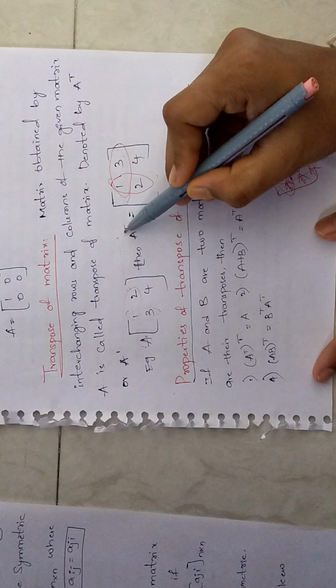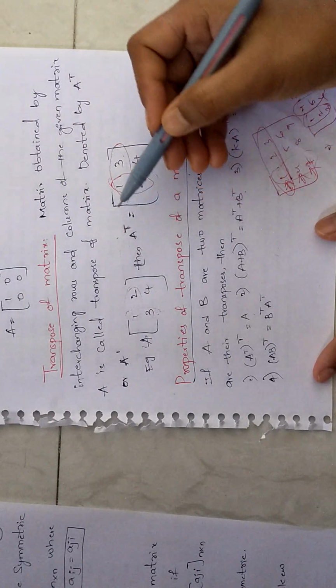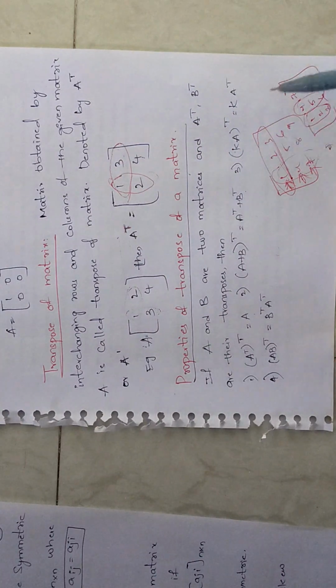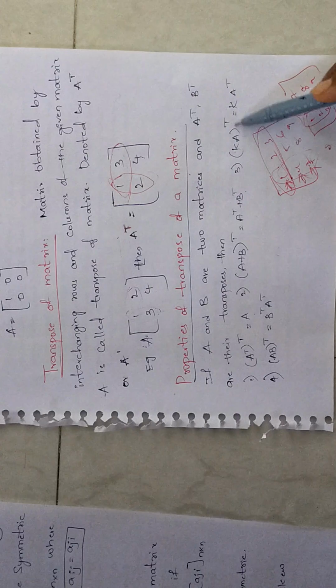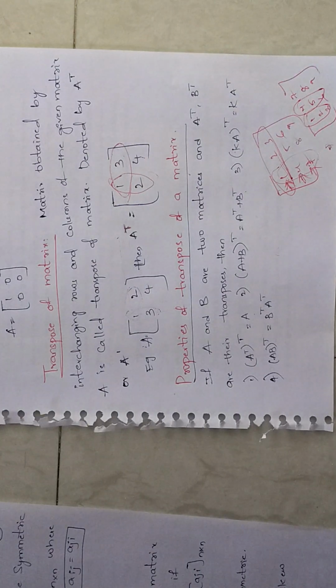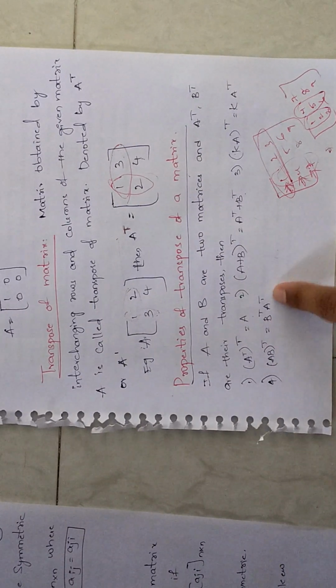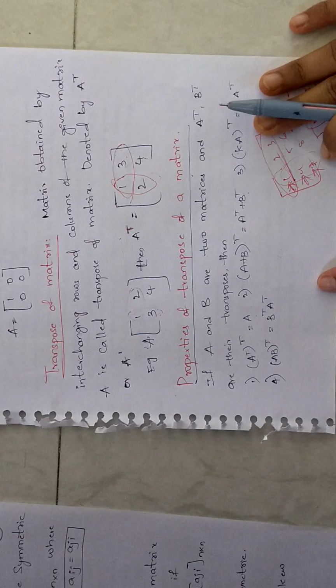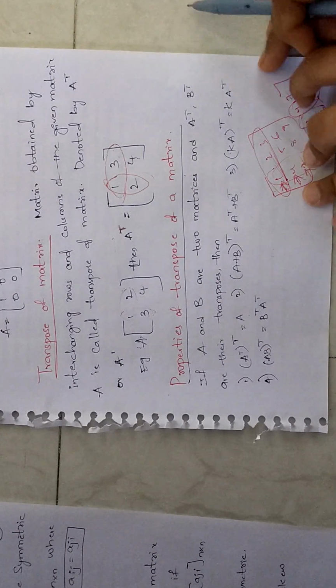Here A written with a T means transpose; that is the notation. (K times A) whole transpose is K times A transpose, where K is an integer. And (AB) whole transpose is B transpose A transpose. These are the important properties. Please try to memorize these 4 properties.